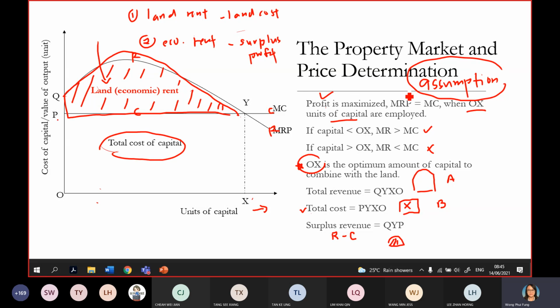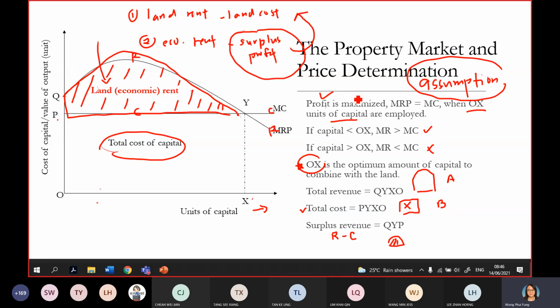The assumption is, assume whatever surplus profit generated, received by the developer, will use this surplus profit to pay the land cost. Again, assuming whatever surplus profit received, the developer will use this surplus profit to pay for the land cost.